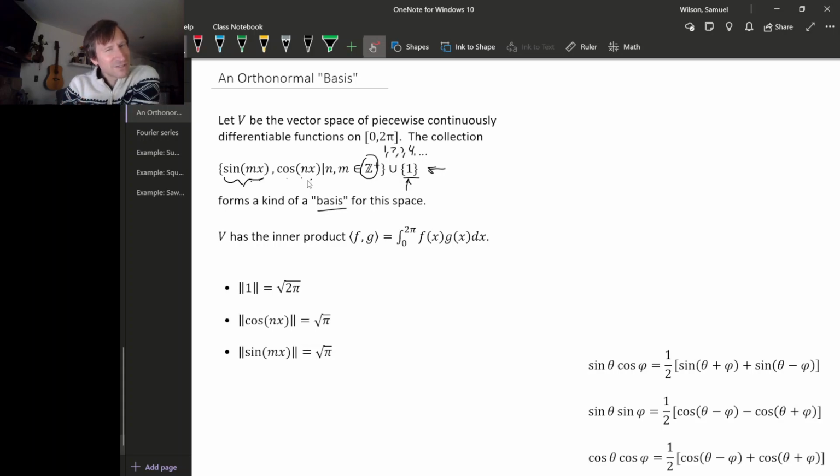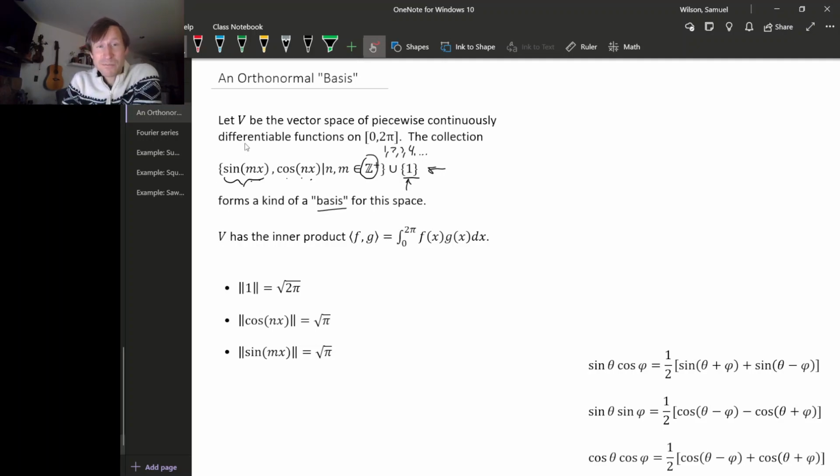For a normal vector space, that isn't allowed, but since this vector space is infinite dimensional, it has a little extra structure that lets you make sense of infinite linear combinations. I don't want to get too deep in the details here, but this acts like a basis if we allow ourselves infinite linear combinations.